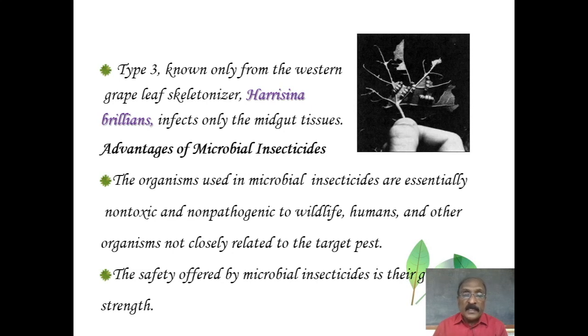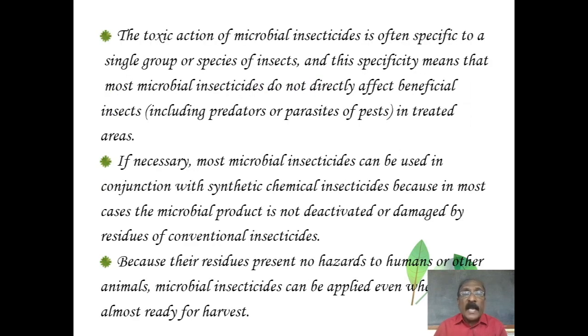Advantages of microbial insecticides. The organisms used in microbial insecticides are essentially non-toxic and non-pathogenic to wildlife, humans and other organisms not closely related to the target pests. The safety offered by microbial insecticides is their greatest strength. The toxic action of microbial insecticides is often specific to a single group or species of insects, and this specificity means that most microbial insecticides do not directly affect beneficial insects, including predators or parasites of insects in treated areas.